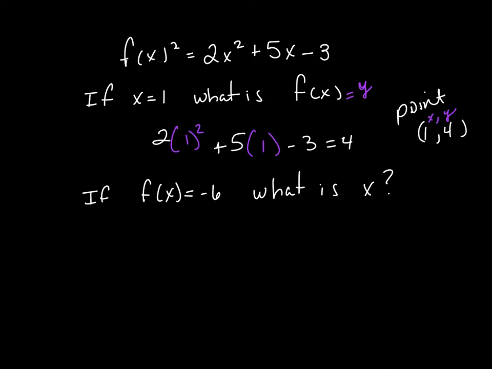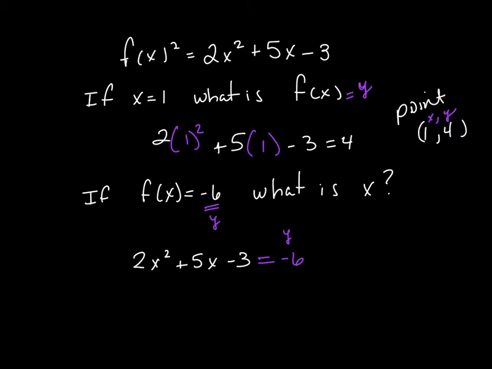The second question is exactly the opposite. They're saying if f of x is equal to negative 6, remember this is my y value. So what I do here is take the entire first piece, 2x squared plus 5x minus 3, and set that equal to my y value, which is negative 6. Now, this is a little bit more than you might first think.